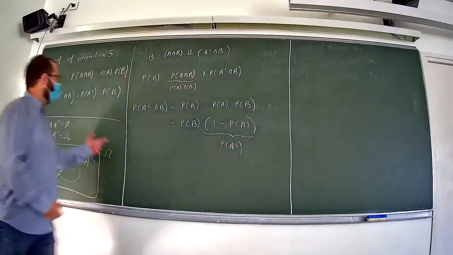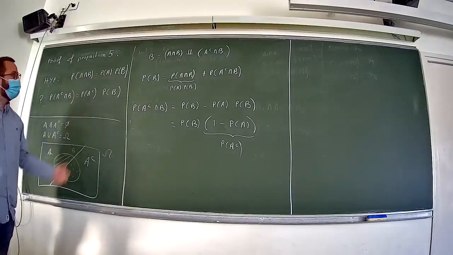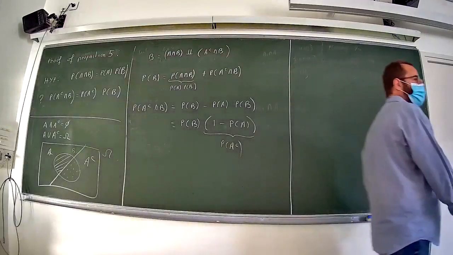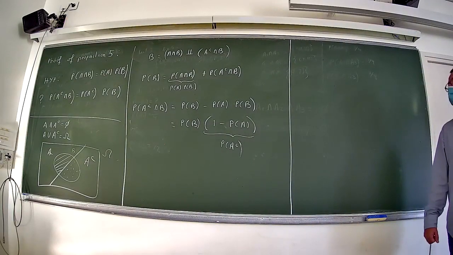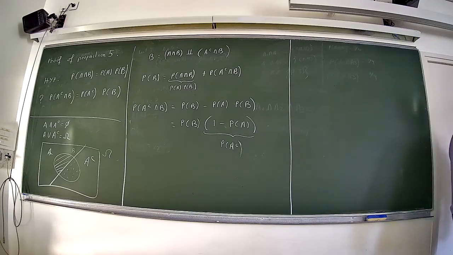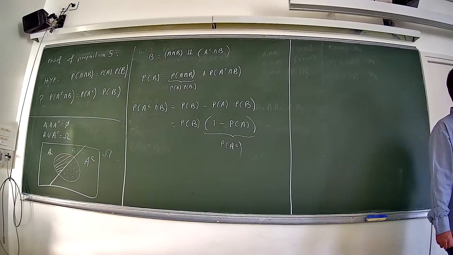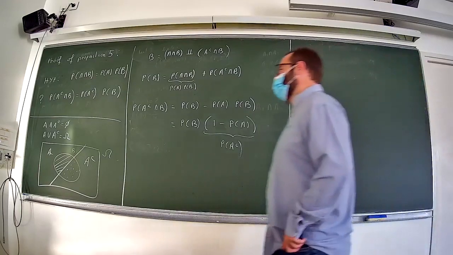And so you have done the job. From my hypothesis, you prove that the probability of A complementary intersected with B is equal to the product of the associated probabilities. So, by the definition, you have the independence of A complementary and B.